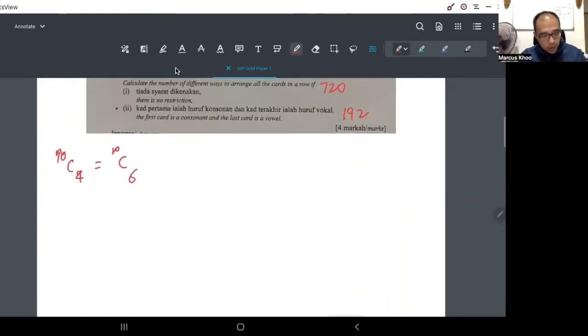So for 7Cn, its maximum is 7. That means n can be 0, 1, 2, 3, 4, 5, 6, and 7. These are the possible values.